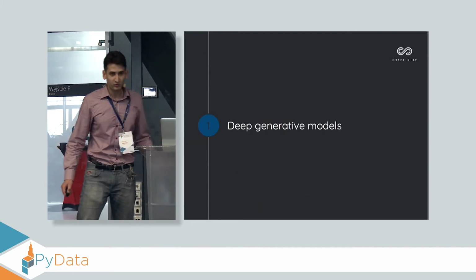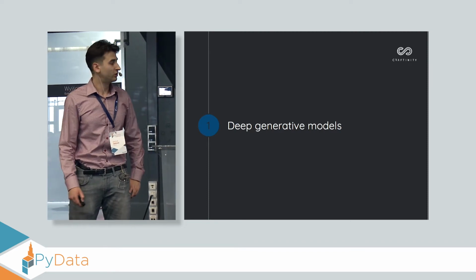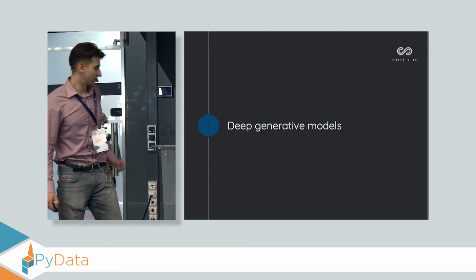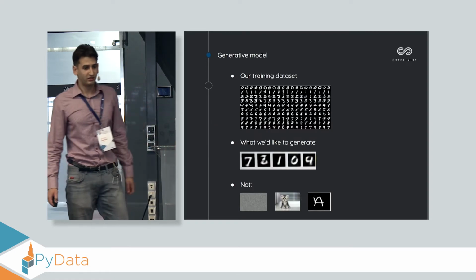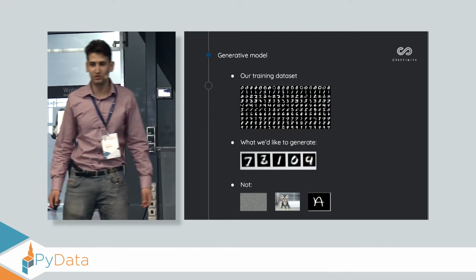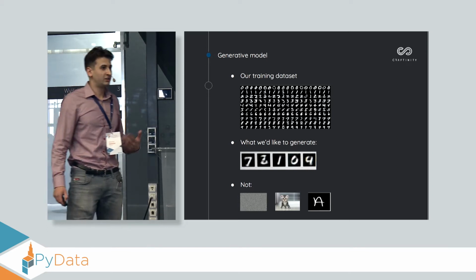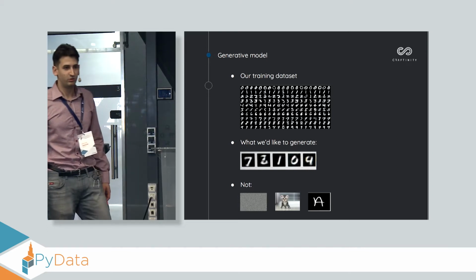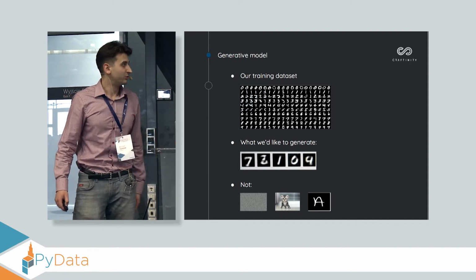Okay, so as I said, the models which generate the data are called generative models. So what do we expect from the generative model? If we train the model on some data set in either an unsupervised or supervised way, most often unsupervised, after that we'd like the model to generate samples which closely resemble the samples from the training data set.